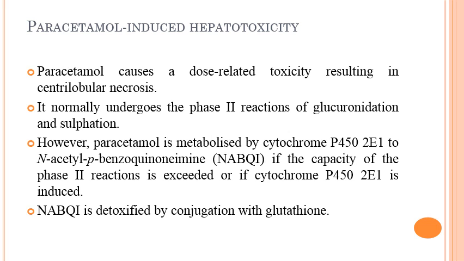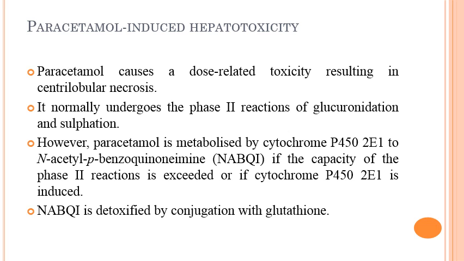However, at increased doses, glucuronidation and sulfation cannot metabolize the paracetamol, and the increased doses are metabolized by cytochrome P450 2E1 to N-acetyl-p-benzoquinone imine. Cytochrome P450 2E1 can also metabolize paracetamol into this toxic metabolite if it is induced by certain other drugs, due to the increased activity of the liver.